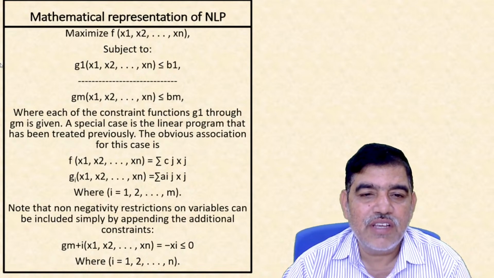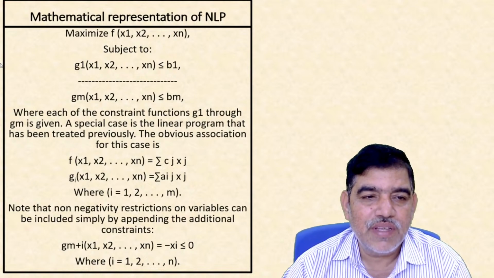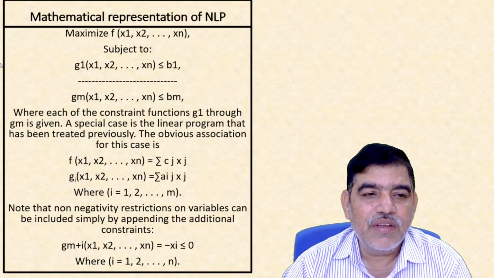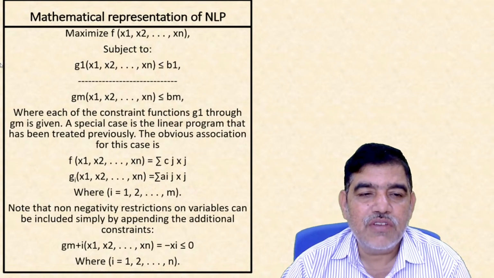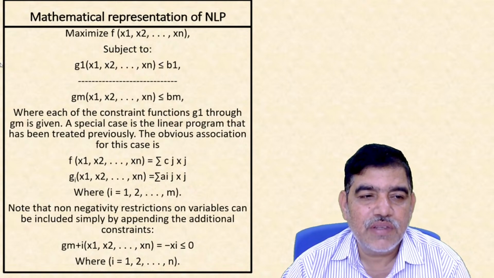That means it is the inequality equation. Similarly, gm of x1, x2, up to xn less than or equal to bm. These are the subject to constraint equations, where each of the constraint functions g1 through gm is given.